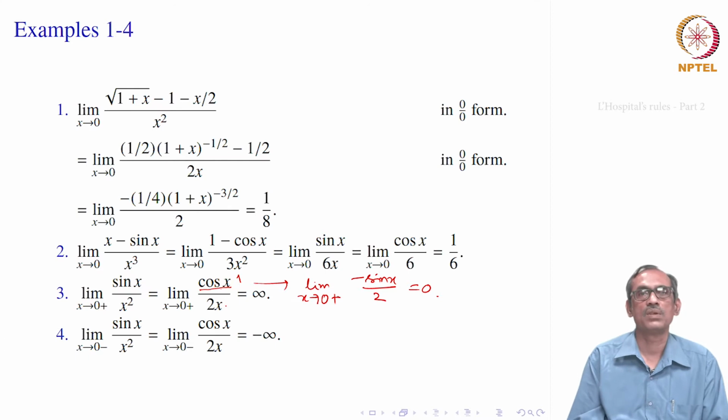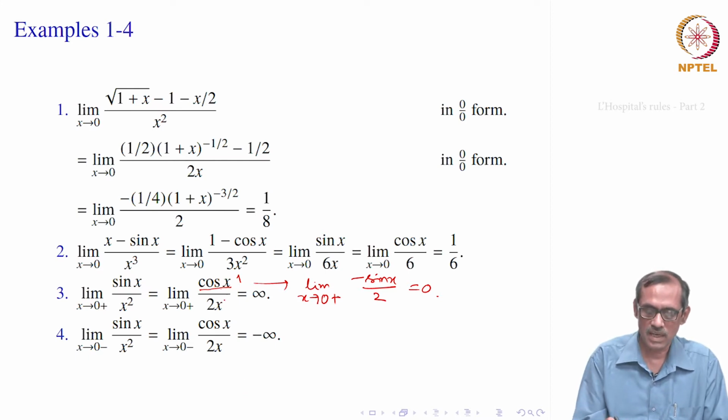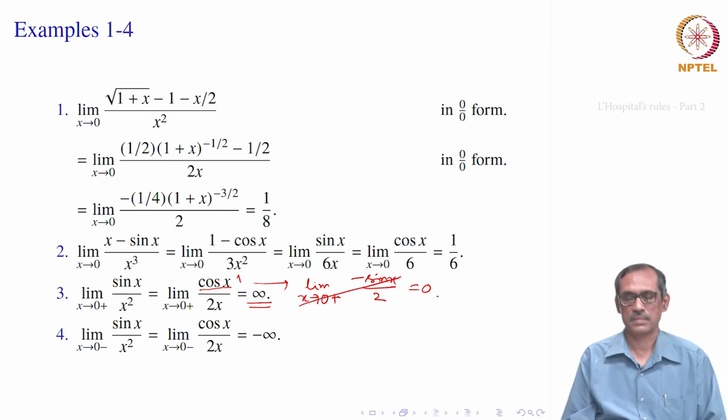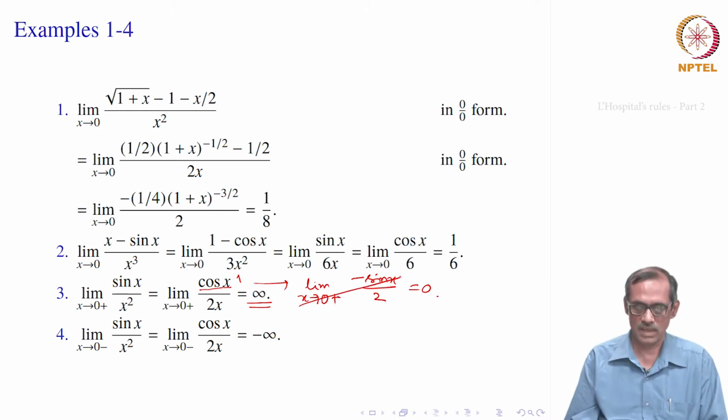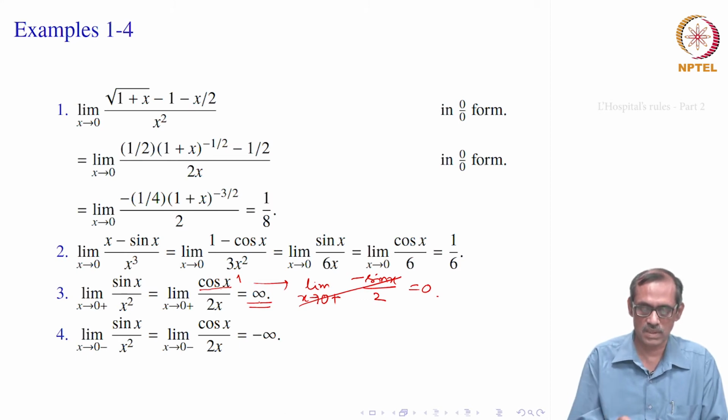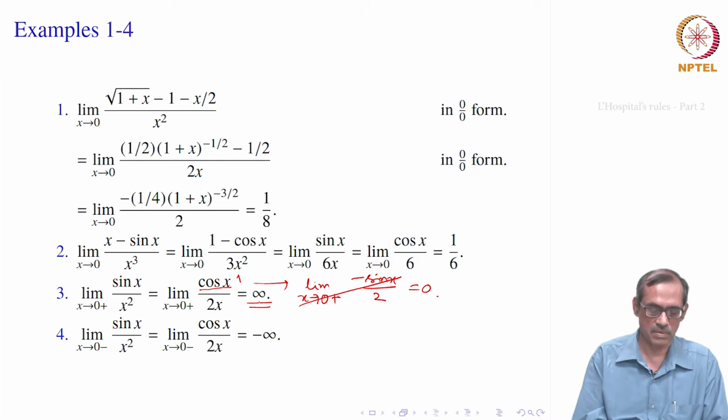So, it is not in 0 by 0 form, and that is exactly the reason; it is in 1 by 0 form, x goes to 0 plus, that gives the answer as infinity, not this one. This will be wrong. So, you have to be really observant, not go on applying mechanically. We have to see whether it is satisfying all the conditions in L'Hopital's rule or not. So, you would say the limit as x goes to 0 plus of sin x by x squared is infinity.